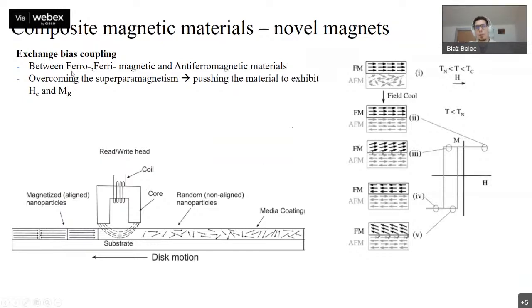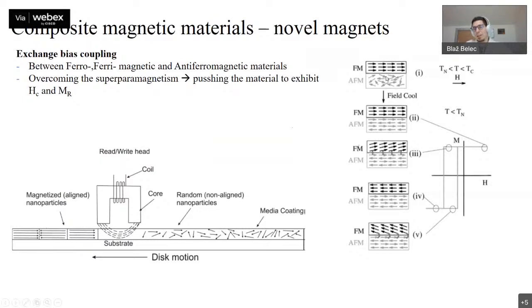So when we couple ferromagnetic material with antiferromagnetic, this happens between the Néel and Curie temperature. So between the Néel and Curie temperature, for instance at room temperature, we have such an image. In the ferromagnetic material, we have spontaneous magnetization.